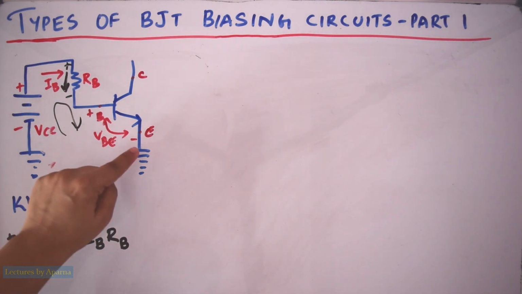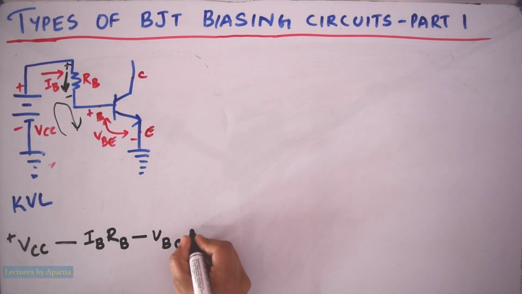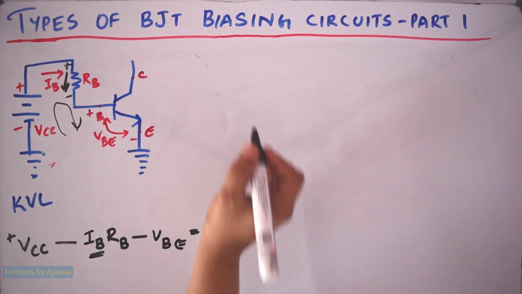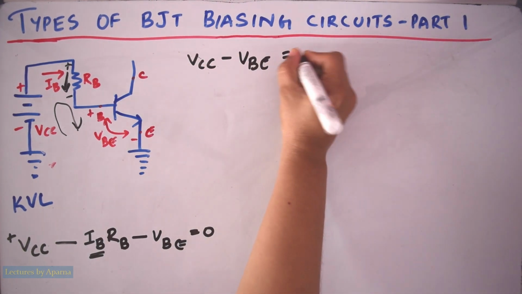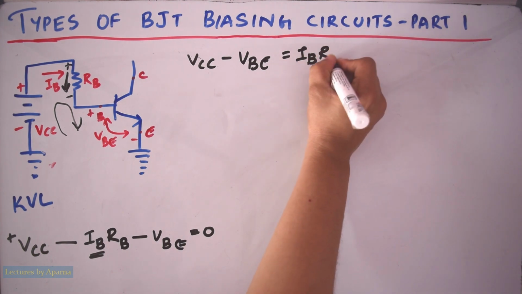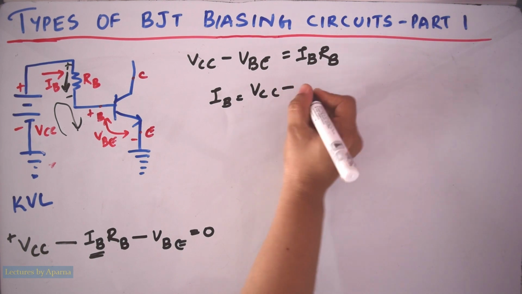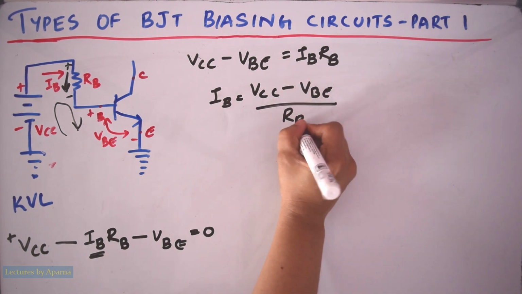When I reach here, there is again a decrease in potential which is minus VB is equal to 0. So from this equation, I have to write the equation for IB. So VCC minus VB is equal to IB RB, or IB is equal to VCC minus VB divided by RB.